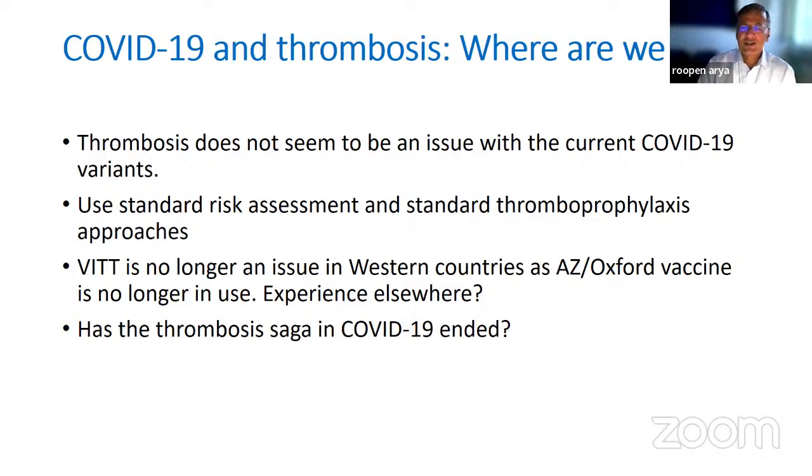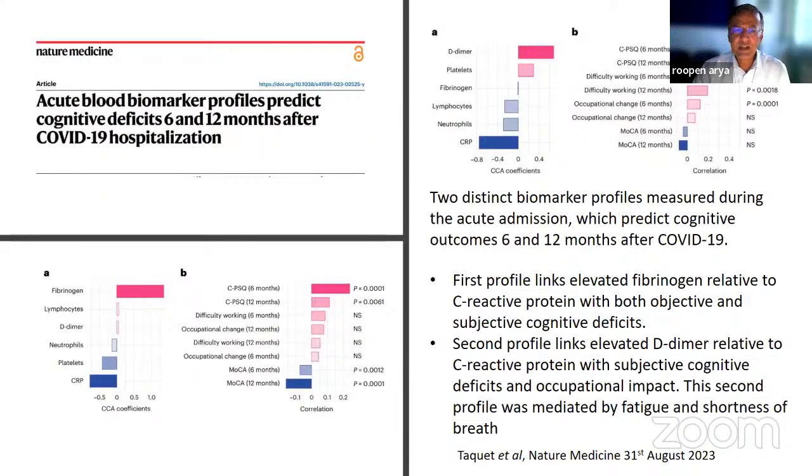So the question is, has the thrombosis saga in COVID-19 come to an end? Not quite. There's this recently published study in Nature Medicine in which they looked at about 1,900 adults hospitalized with COVID and identified two distinct biomarker profiles which might be linked to the so-called long COVID.